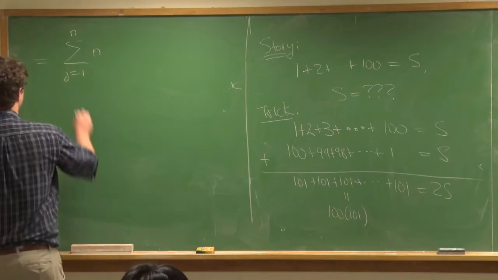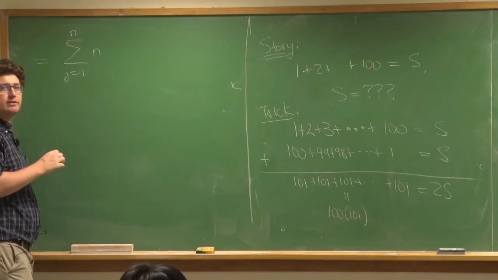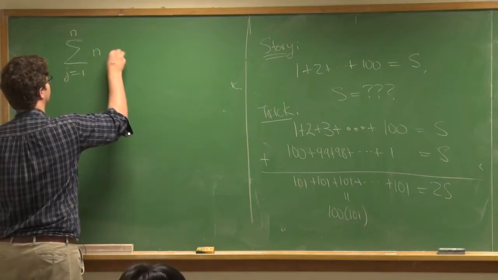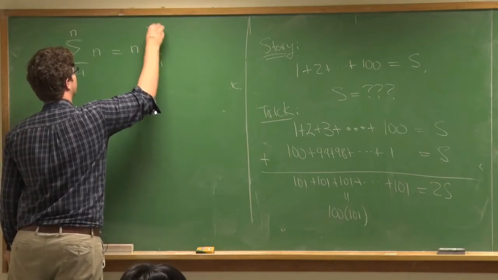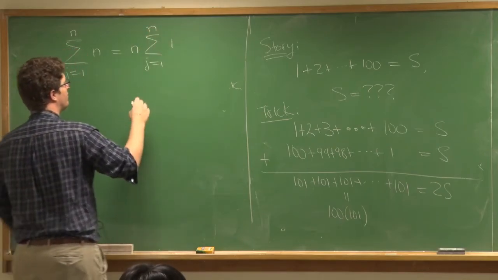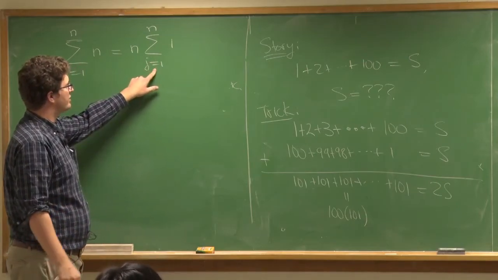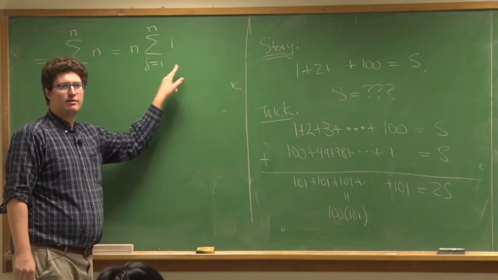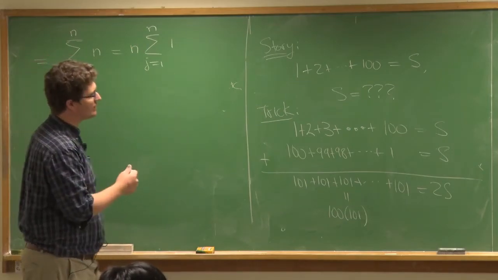Now this thing doesn't involve any j's in it, so by linearity we can pull it out. The sum from j equal to 1 up to n of 1, that's just n.